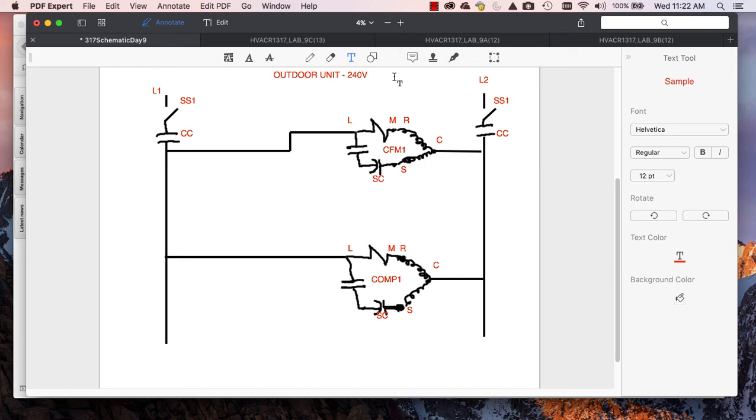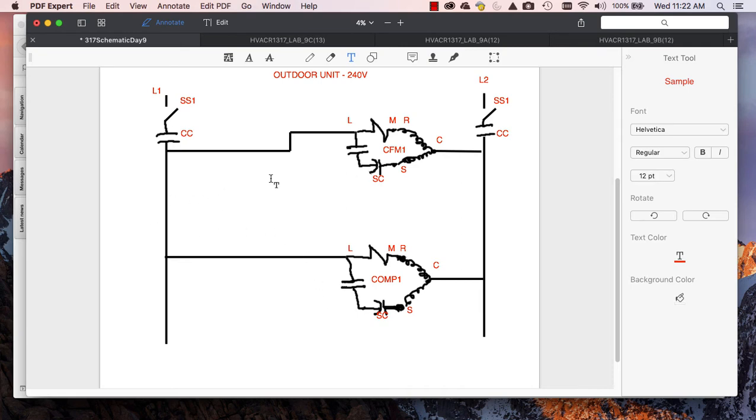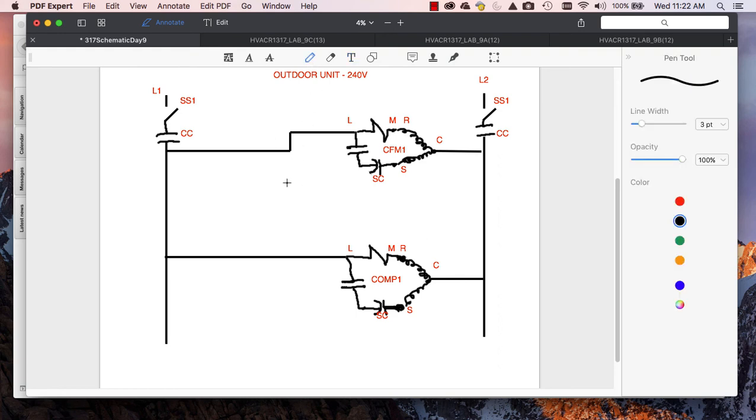Okay. So now if we look at our diagram, I have compressor 1 out of the way, I have CFM1 out of the way. Compressor 2 and CFM2 are both CSCR motors. Let's go ahead and we'll draw one here. So again, I'm going to draw my motor first. With CSCR motors we start off with a start cap or run cap.